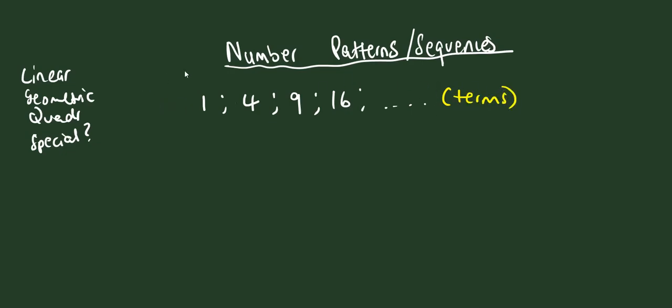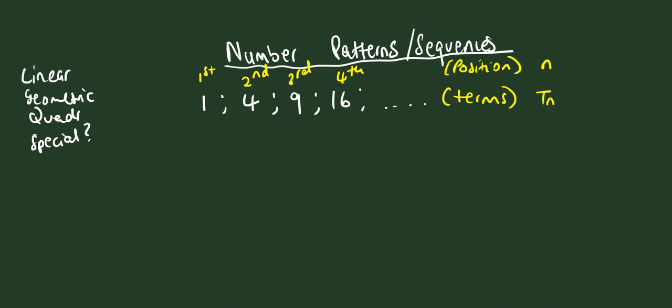And the position, to say this is the first term, this is the second term, this is the third term, and this is the fourth term. Remember, that is, we're talking about position. Okay, and then we say the symbol for position is n, and then the symbol for terms is tn.